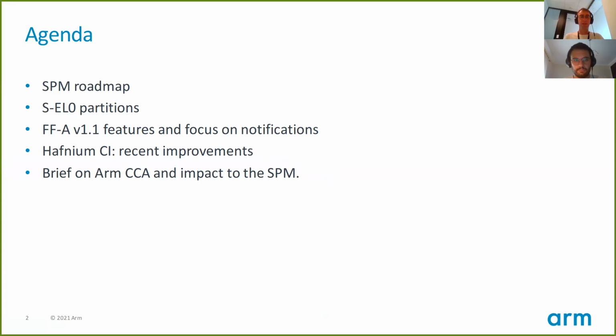Joa will detail the notifications feature that is under work, and he will also talk about the recent improvement around the Hafnium CI. And as part of the technical discussion, there will be a brief about Arm CCA and the impact to the SPM.